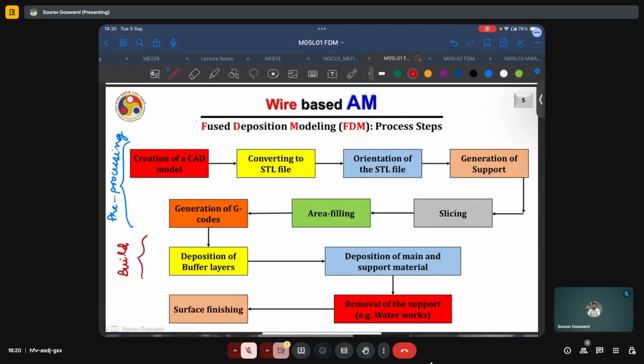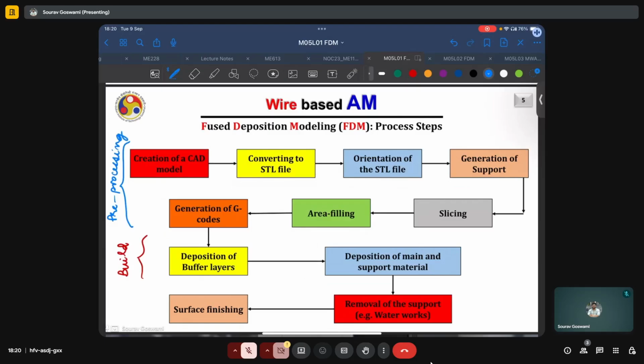Now, why would we have the need to deposit these buffer layers. If you remember from last week's discussion, even in processes such as Kira's paper lamination technique, we saw how before starting the actual print, a few sheets of paper were pasted using some adhesive glue onto the build plate.